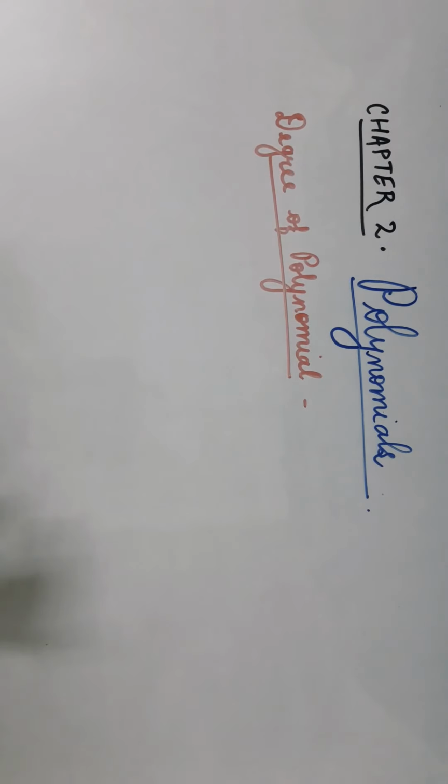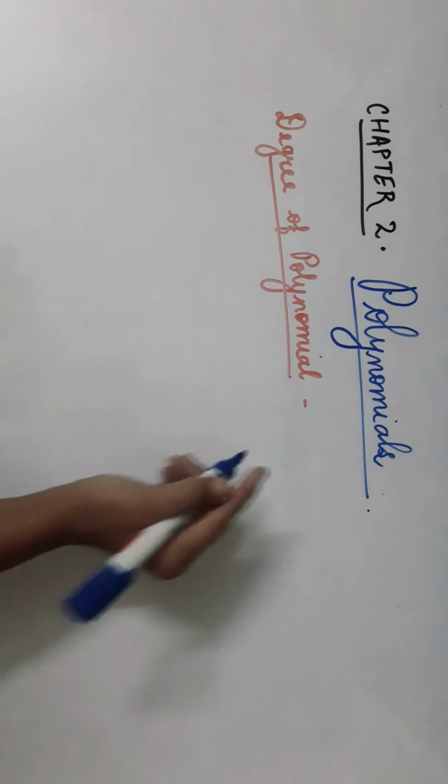Now the next point is degree of polynomial. Now what is degree of polynomial? Degree of polynomial is nothing but the highest power of a variable in the polynomial. Highest power of a variable in a polynomial is called its degree. So what is degree of a polynomial?